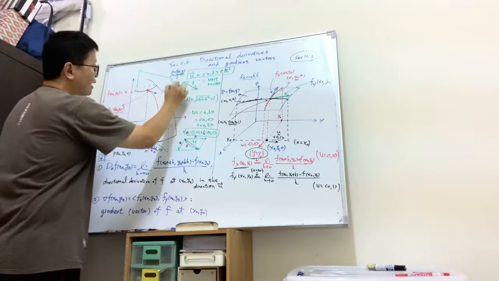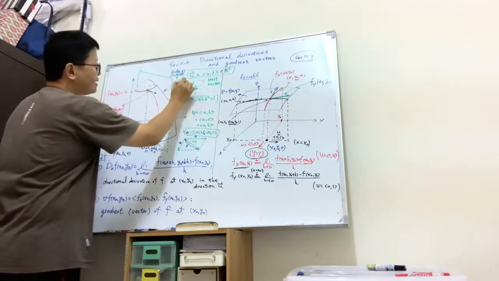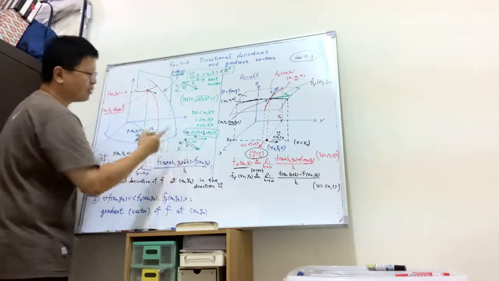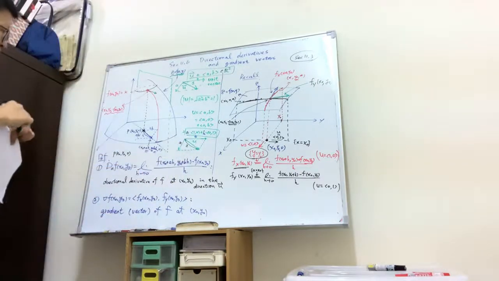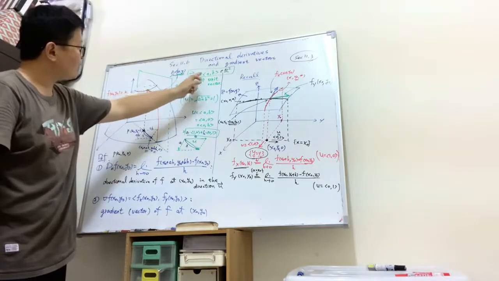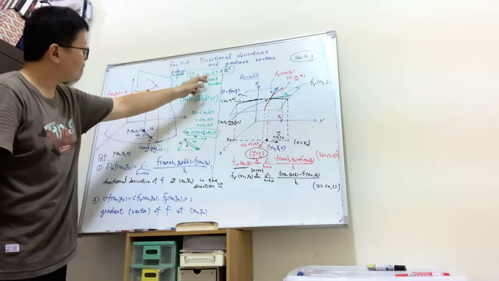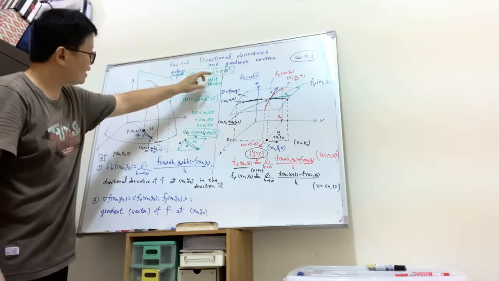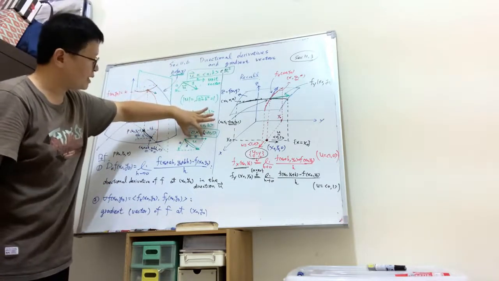So indeed, this part has length a, this part has length b, and the vector has length 1. If I denote the unit vector by (a, b), then the scalar a means this length, and the scalar b means this length.